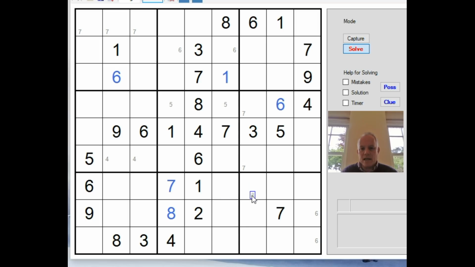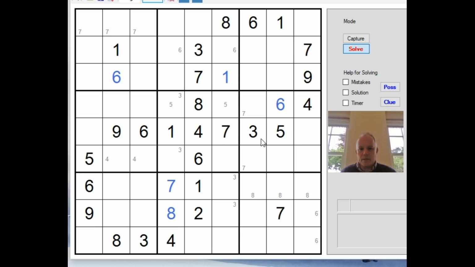Now we know that 8 is in the top row in that final box. This 3 rules out these 2 empty cells, so 3 must be in column 6 there, and that rules out column 6 from the central box for 3s, so there must be a 3 in one of those two as well. Okay, that's nice.